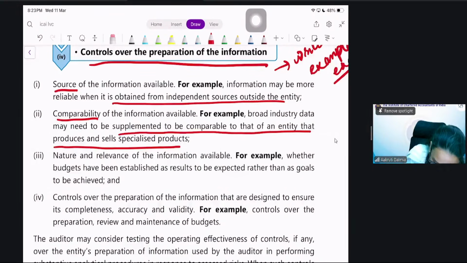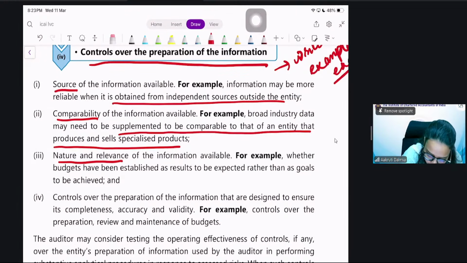Nature and relevance of information available. Even in the sari industry, can you compare the silk sari industry with the synthetic sari industry? Can you compare their GP ratio and NP ratios? Can you compare their wastages? No, you can't. So the more disaggregated the data is, the more it is comparable and usable. Okay.